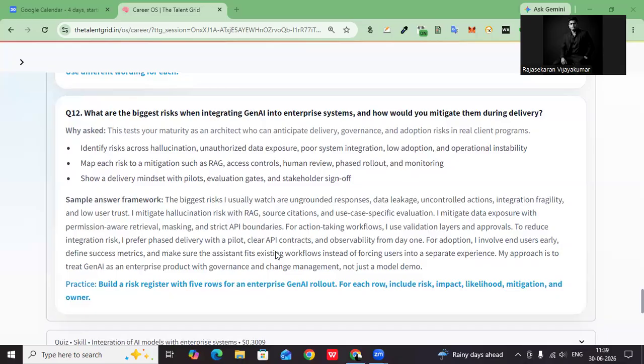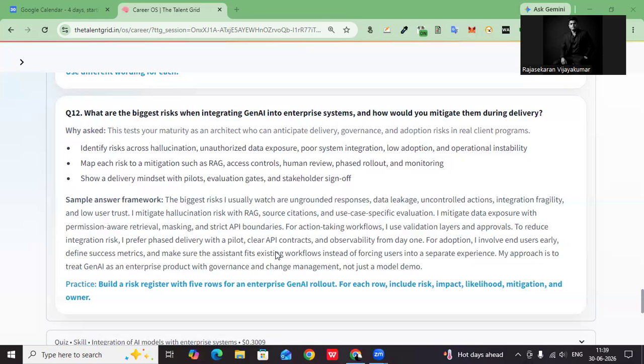So how am I going to mitigate them during delivery? There are certain ways. For business risk, first I will understand the business perspective, and I will make sure the business stays updated on the end-to-end process.